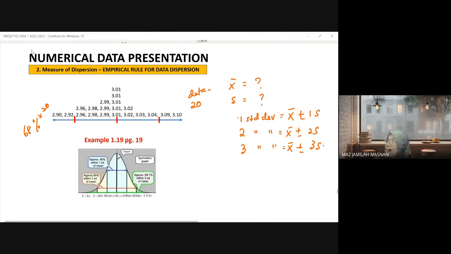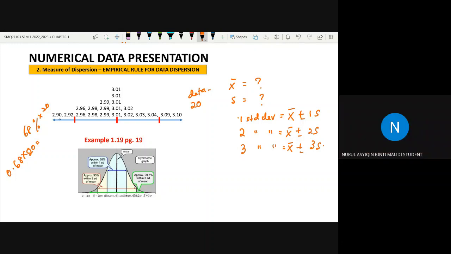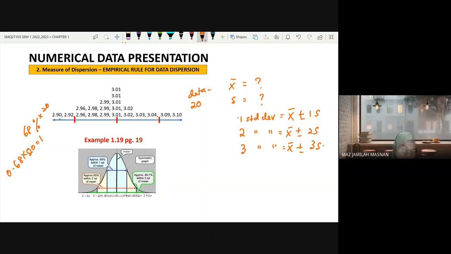Class, are you all with me? Okay. 0.68 multiplied with 20, what is the value? 13.6. Take it as 14.